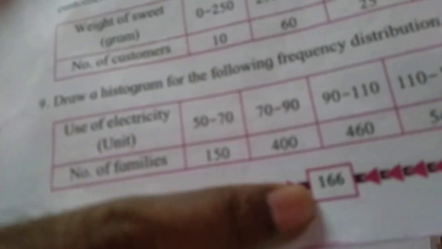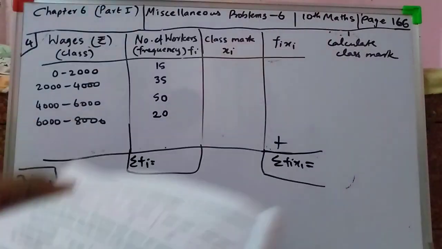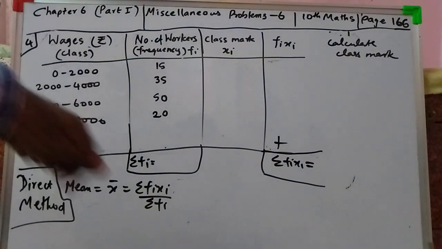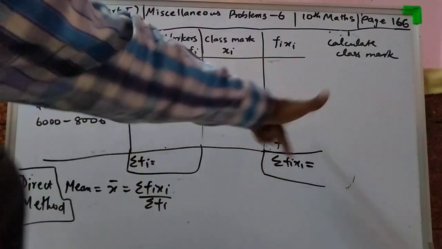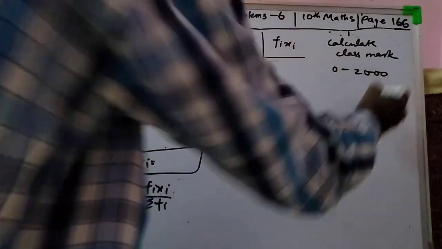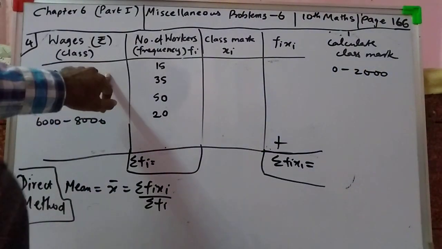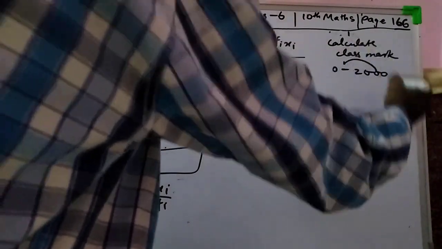Okay, next problem, page 166, fourth problem. First we'll calculate class marks from this. I can borrow 1000 from him, so that will become 1000.